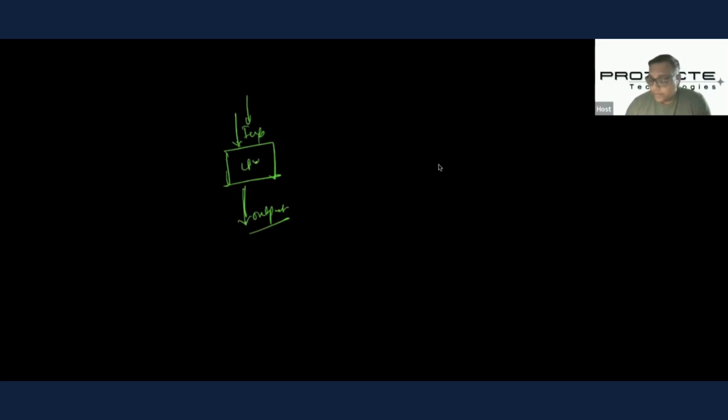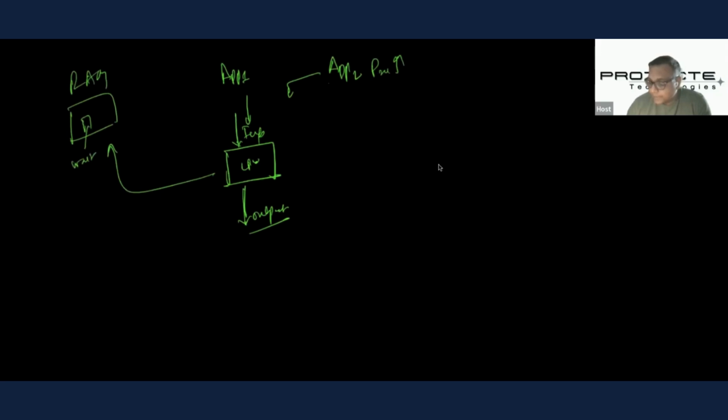Whenever some other application comes in, so this is application 1, now application 2, if it has higher priority, application 1 will be pushed into a memory and asked to wait. It goes into a waiting state, and application 2 is brought inside the CPU.